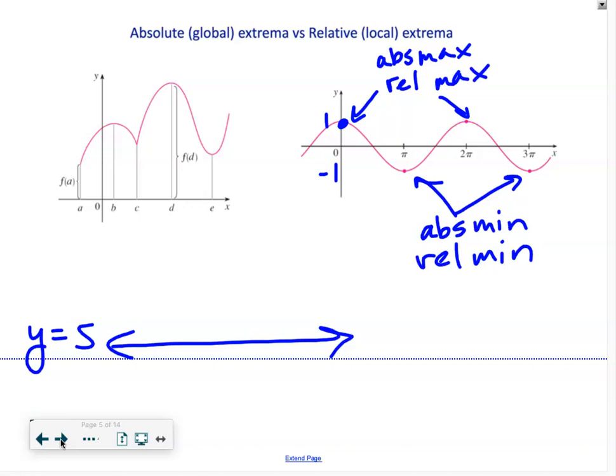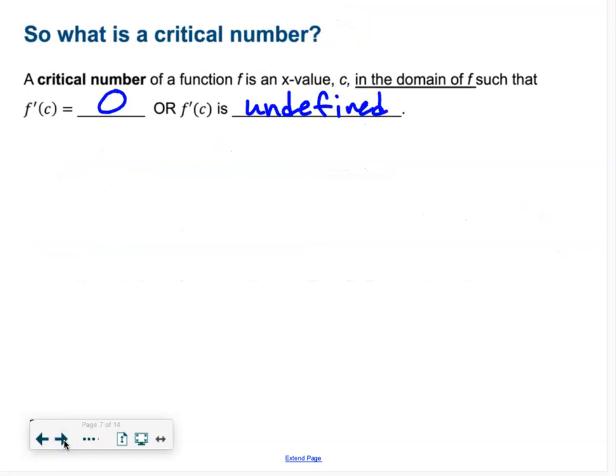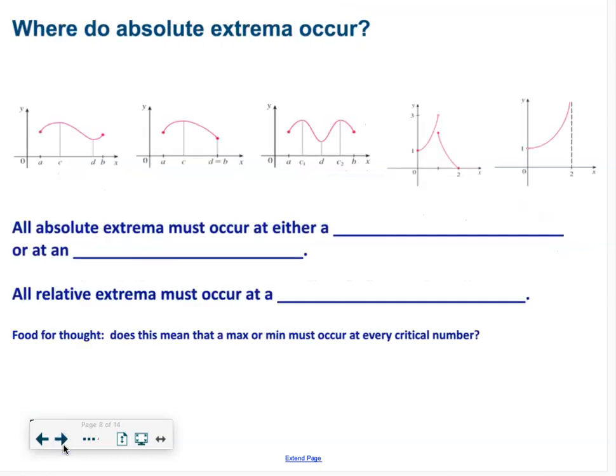absolutes, maxes and mins will either occur at a critical number or at what I would call an endpoint, right? But relatives are always at critical numbers. Here we've got some examples. I'm not going to get too deep into these. What I am going to ask you is an absolute max or min has to occur at either a what or a what.